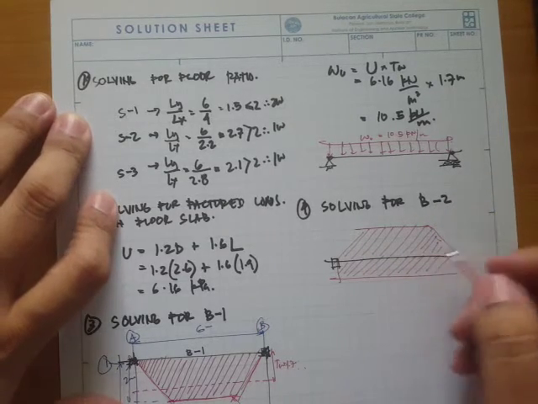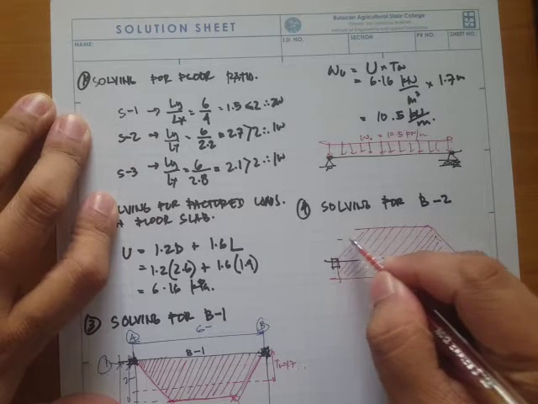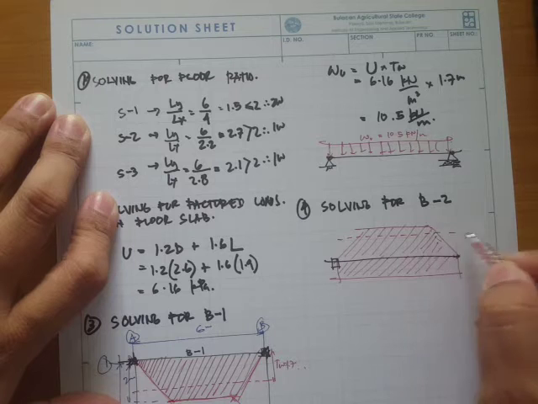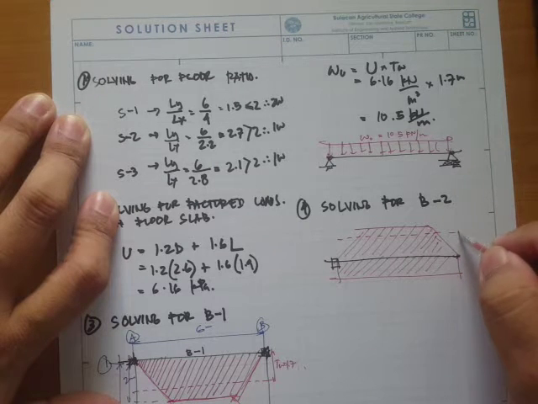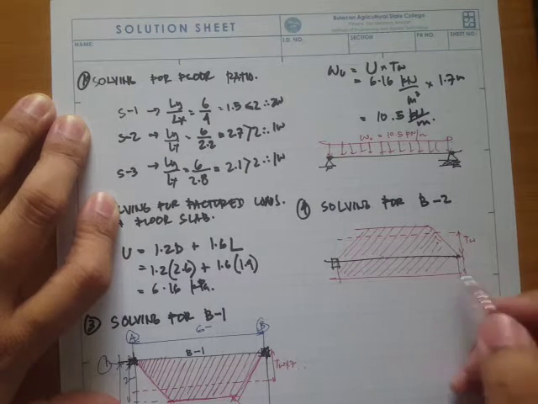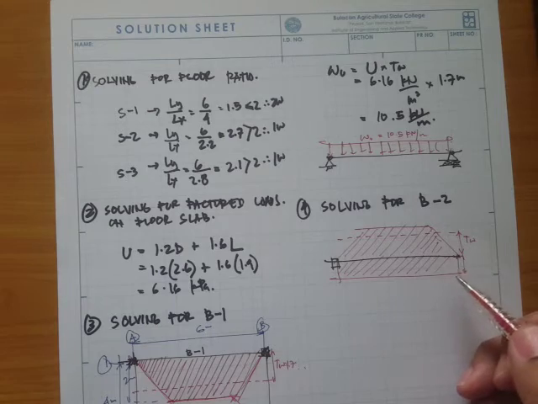Of course, since this is a trapezoidal load, we'll use a reduced equation. That's going to be the tributary width for this part, and another tributary width for this part is just Lx divided by 2.